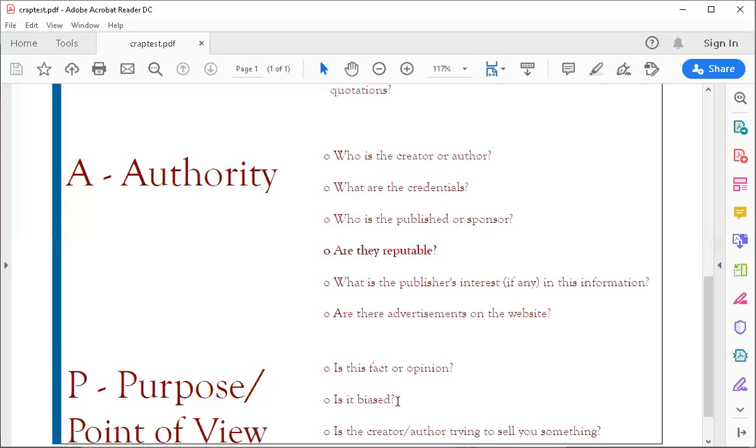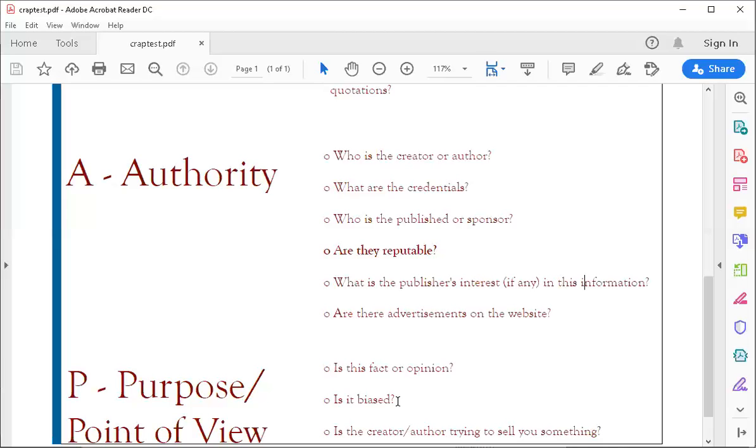And finally, you want to check and see if they're trying to sell you something. Because if they're trying to sell you something, it's not in their best interest to give you all of the information. So make sure that their purpose and their background is not in a for-profit organization.